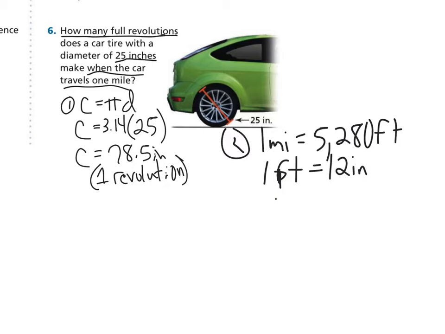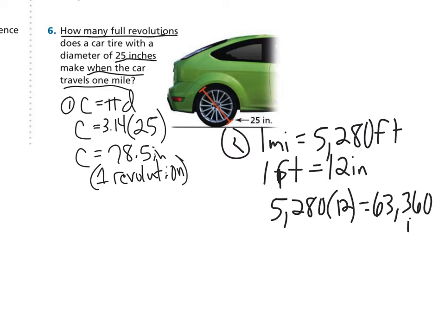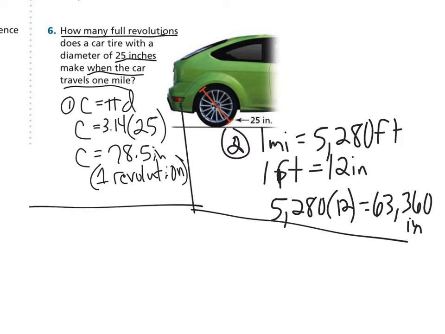So if we take 5,280 times 12, that'll tell us how many inches we have in a mile. So 63,360 inches in a mile is what that's telling us. So that's how many inches we've got to go.